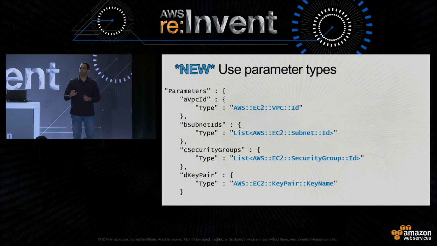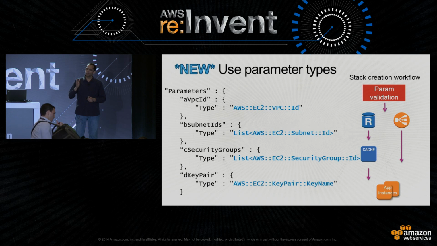And this is also useful when you're not using the console. Let's say you have a continuous integration pipeline, and it is automated to call CloudFormation. This is still useful because when you use these parameter types, it allows CloudFormation to validate parameters right at the beginning of the stack creation workflow.